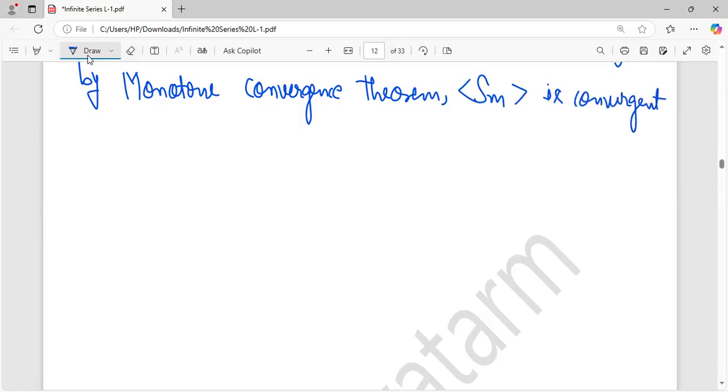If Sm is convergent, this implies this series summation an is convergent.